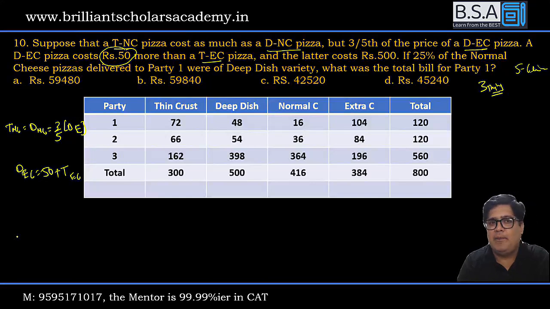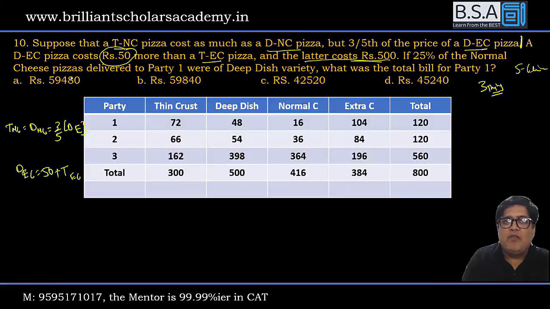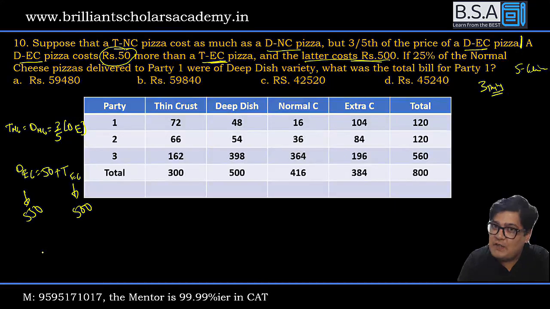That means deep dish extra cheese is the costliest pizza, and the latter costs 500. Which is the latter? When you see this full stop and study, the former means the earlier one, and after that the name that comes is the latter. That means the rate of this is 500 rupees, the rate of this is 550 rupees.